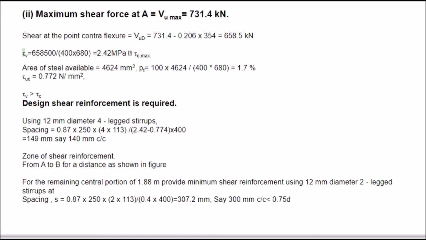Tau v equals 658,500/(400 x 680) equals 2.42 MPa, tau c max. Area of steel available equals 4,624 mm², pt equals 100 x 4,624/(400 x 680) equals 1.7%.